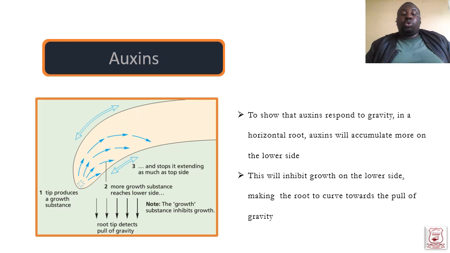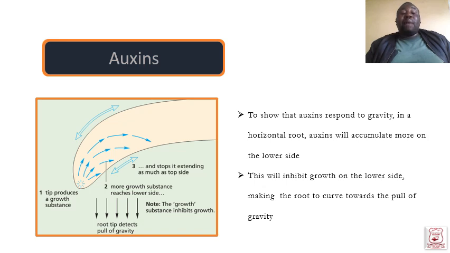So, how do auxins respond to gravity? In roots, when meristematic cells produce auxins, they go into the system, but they are attracted to the pull of gravity and they go to the lower side of the root. At this point, they are going to inhibit growth on that side of the root.